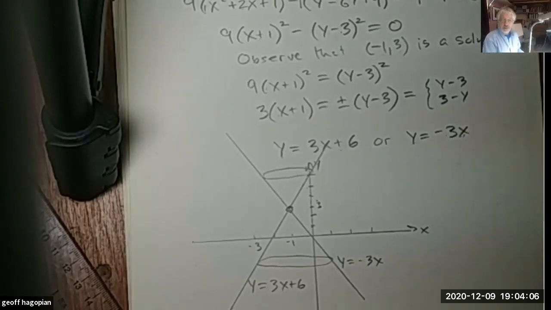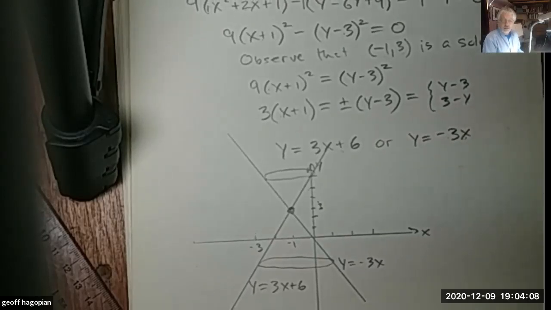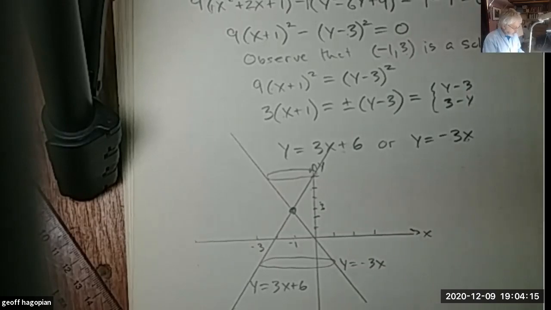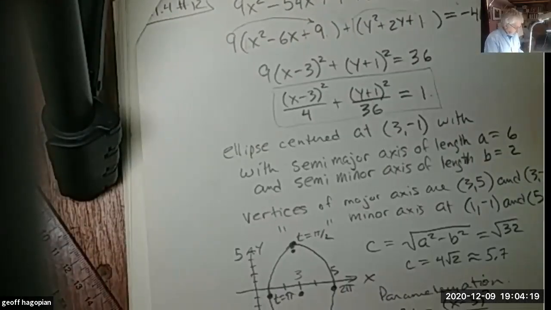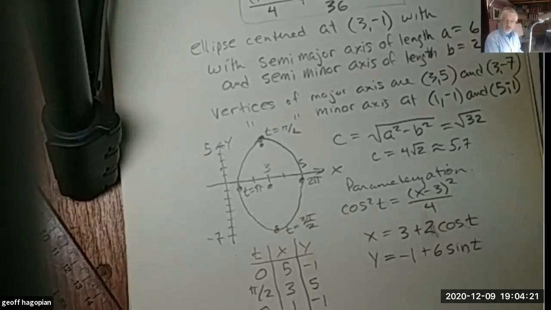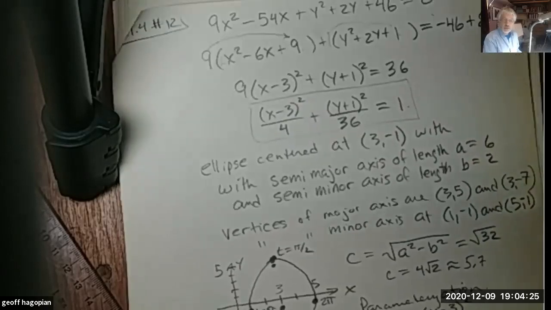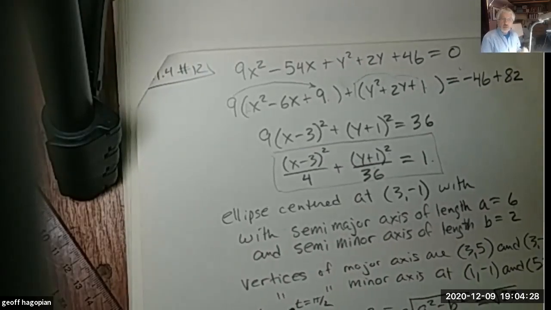It's sort of degenerate in the sense that the graph is not a curve, it's just these two straight lines, which is actually a conic section, right? And then we wound things up pretty nicely with the parameterization of this ellipse, which was number 12 in the exercises.